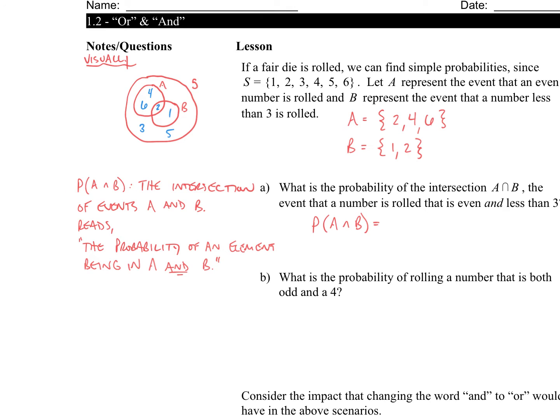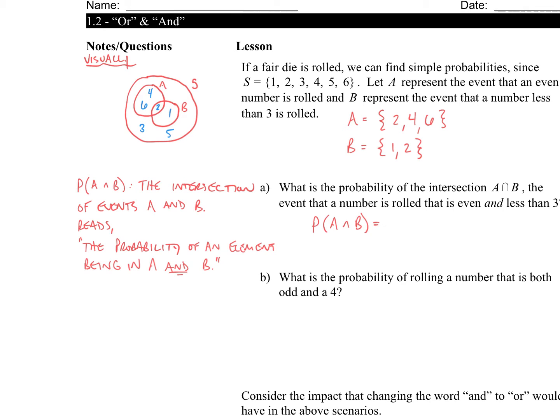A good way to remember that intersections are "and" and where to find them is if you draw a Venn diagram, they are all of the values in the space where the two sections intersect. There is only one element in that space.